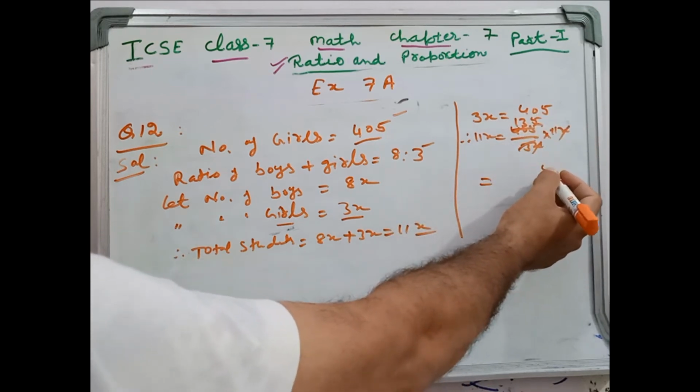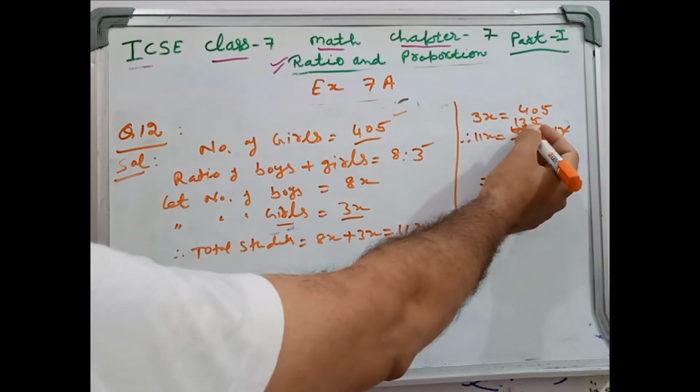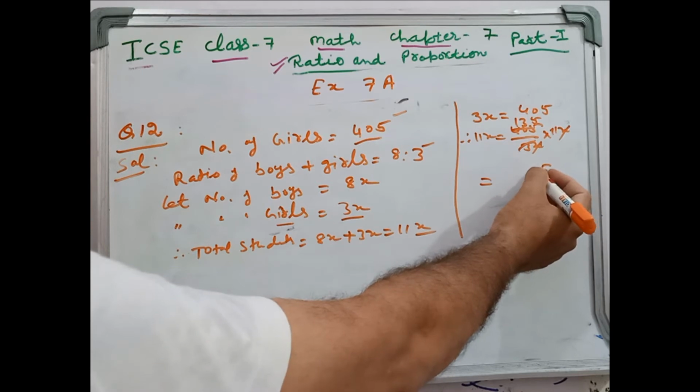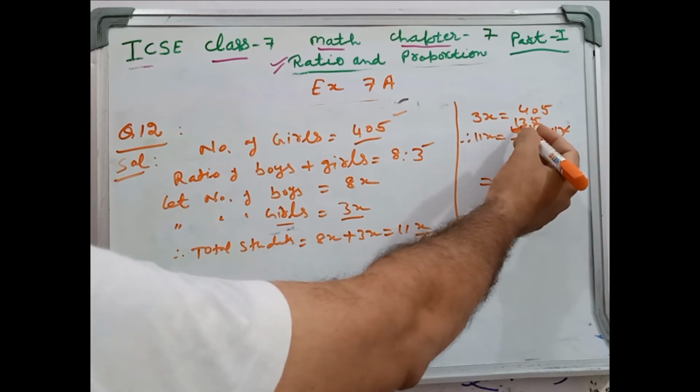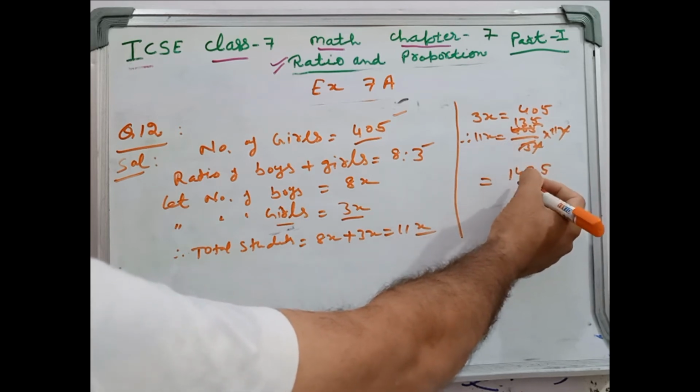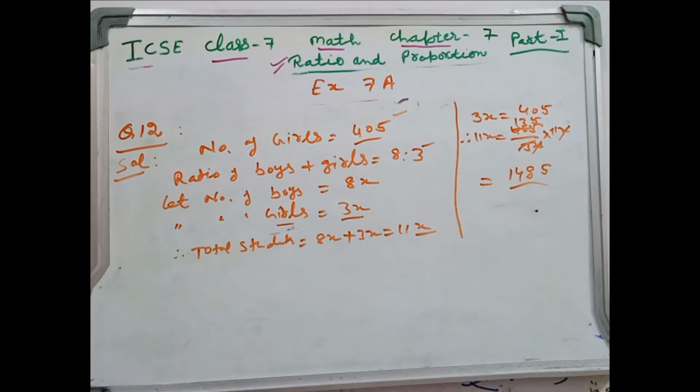So 11 fives are 55, 11 threes are 33 plus 5 is 38, 11 ones are 11 plus 3 is 14. 1485 is the number of total students. So this was only a shortcut that we use in the competitive examinations.